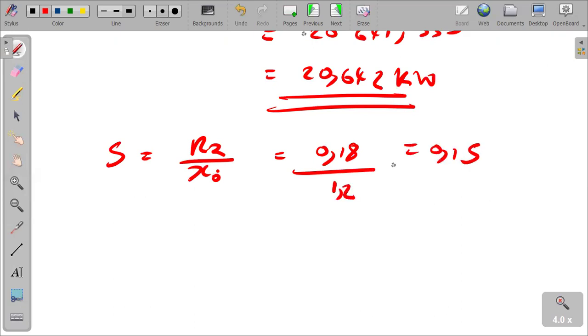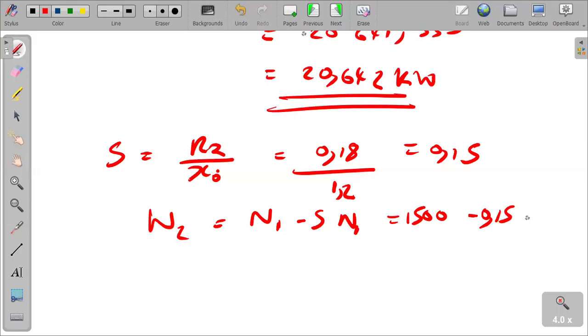Then N2, therefore, is equal to N1 minus S times N1, which is equal to 1,500 minus 0.15 times 1,500. That gives us 1,275 revs per minute. Okay, there we are.